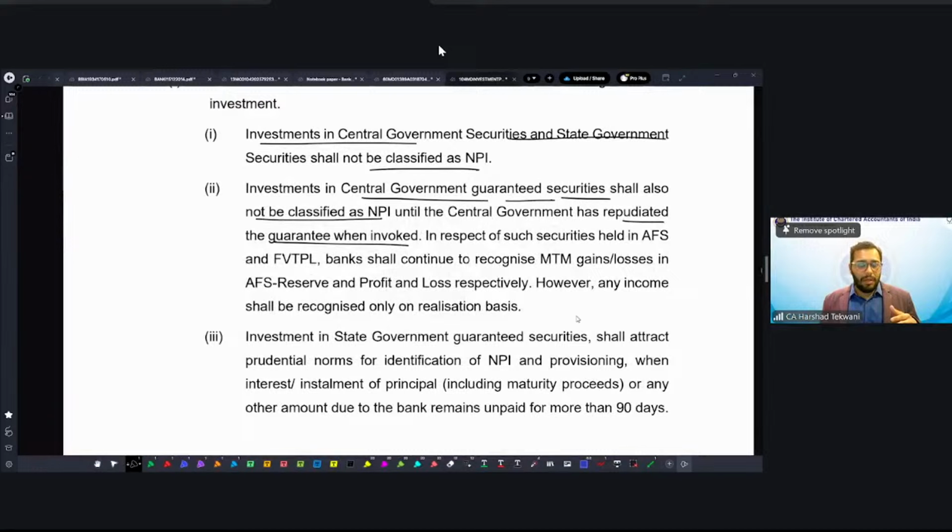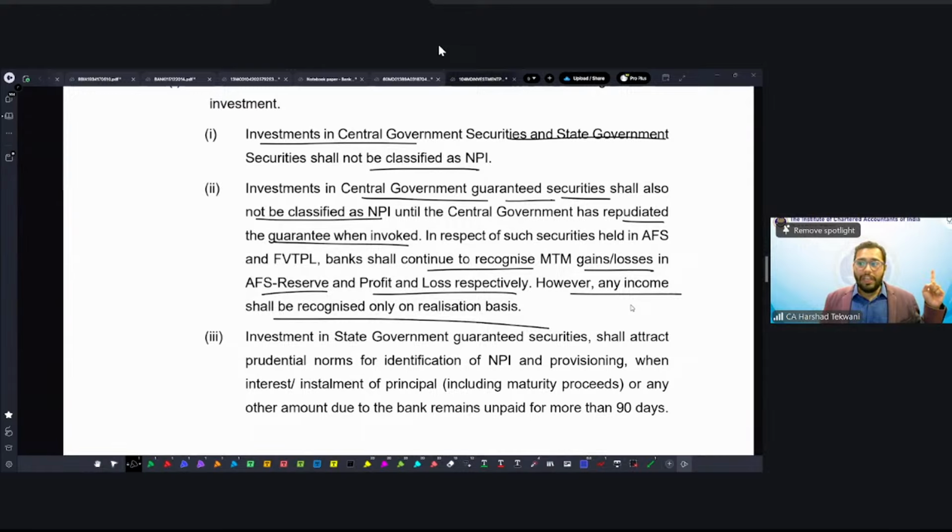But banks are required to continue to recognize M2M gains and losses and AFS reserves on the profit and loss account for these investments. But income is only to be recognized on a realization basis.